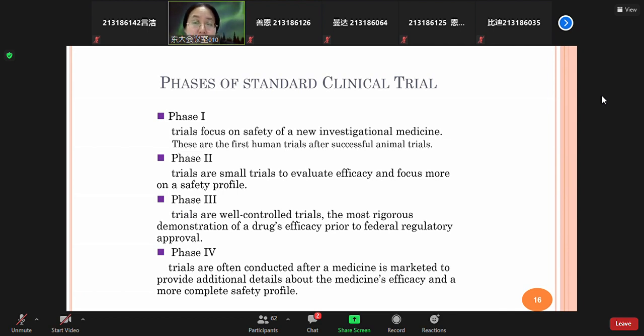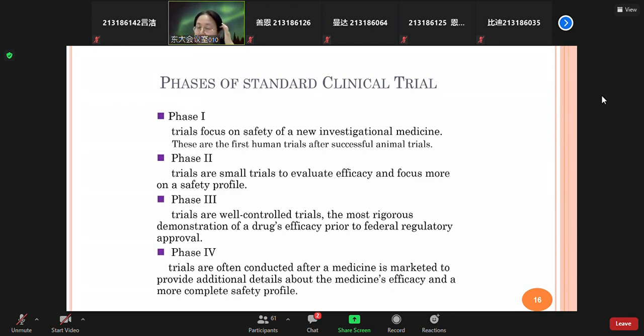So that is the objective of phase 4. Phase 4 clinical trial tries to find additional information, additional details about the drug's efficacy and a more complete safety profile.